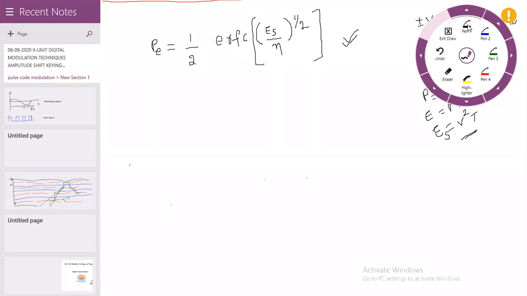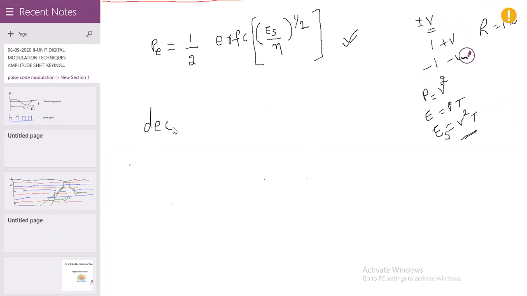In this one you can use the decision boundary. In the decision boundary, the output voltage V naught of T is indicated here. Decision boundary.